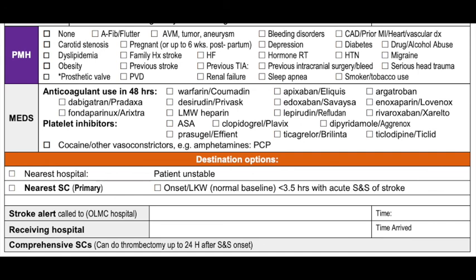Make sure we document our last known well time, the last time they were seen acting normal, and onset of symptoms, and get these patients on the road as soon as possible. Do all the care that you possibly can en route. Don't delay transport for any unnecessary care.